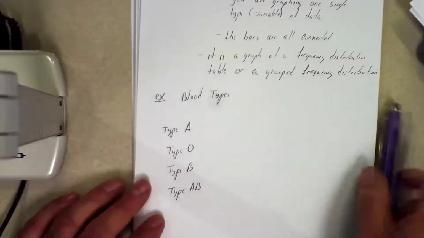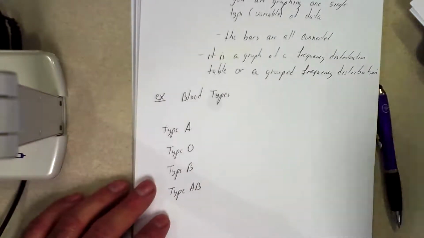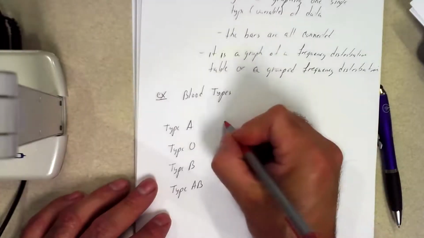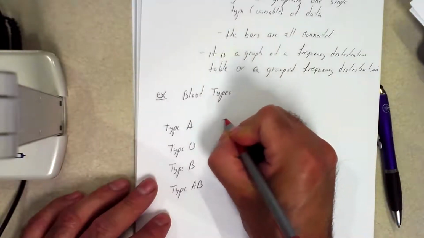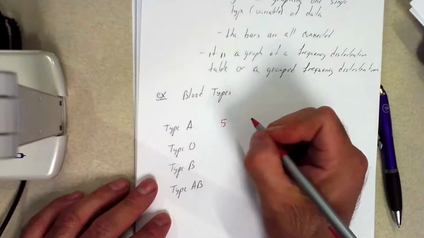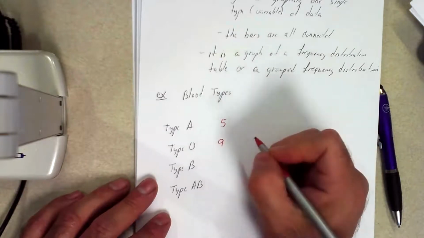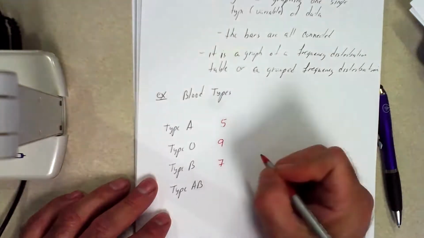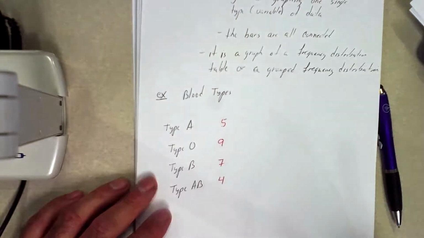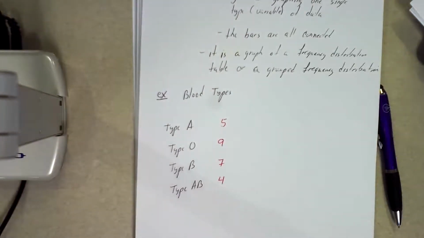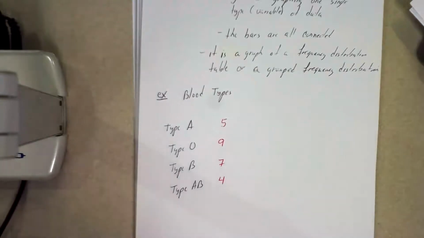We survey people in a class, and 5 say that they are type A, 9 are type O, 7 are type B, and 4 are type AB.